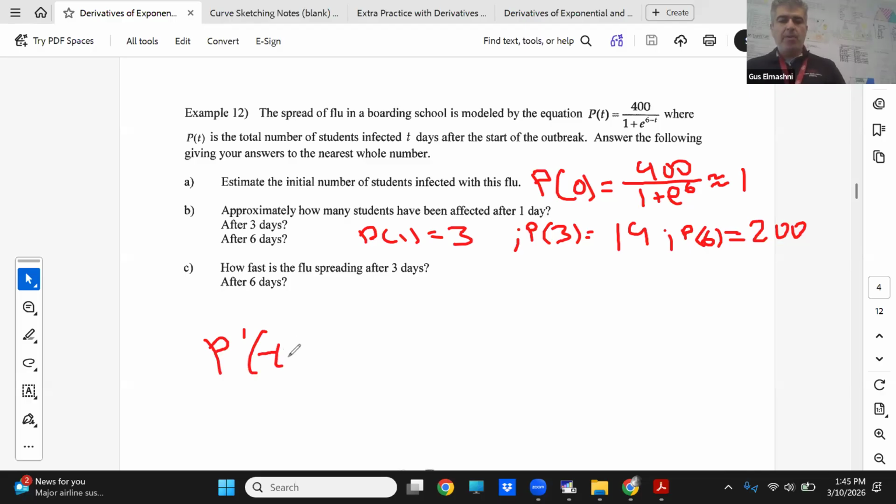Now, before I get too carried away with this, can I use product rule? Or sorry, can I use quotient rule or chain rule or either? Yeah, you could do either. You could rewrite the function like this.